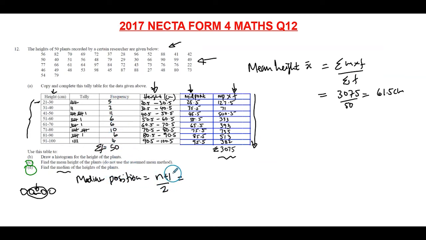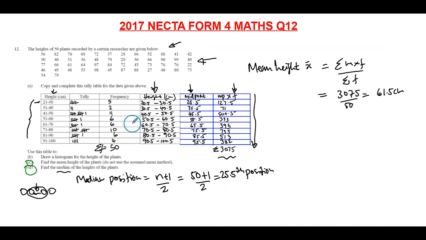All right, so our total plants is 50, plus 1, divided by 2. And this will give you 25.5 position. So the middle height is the 25.5 position. All right, so how do we find this one?